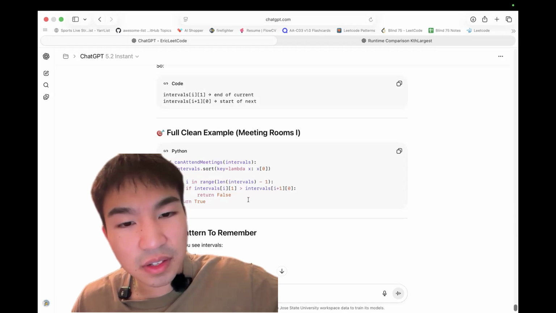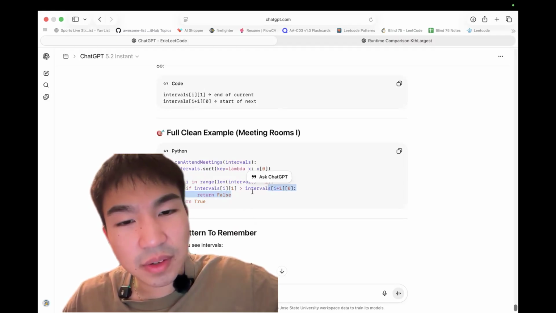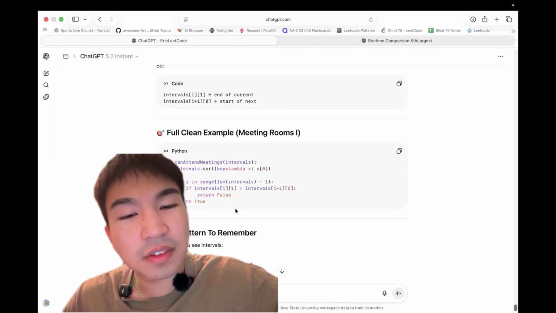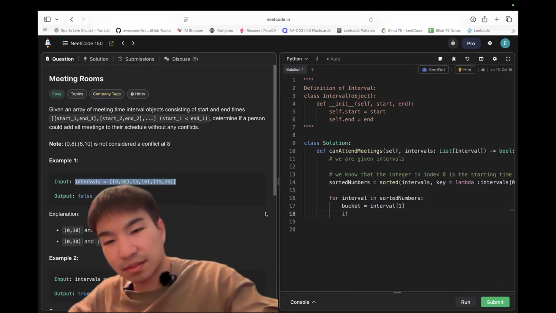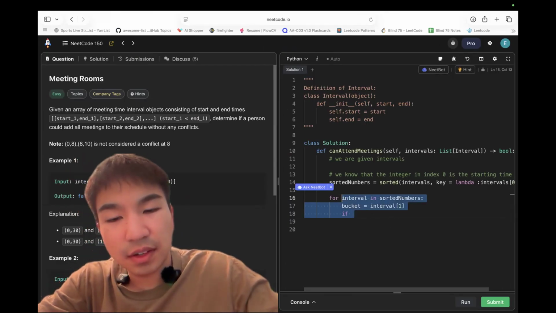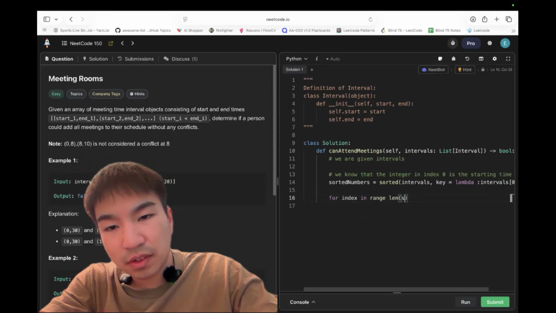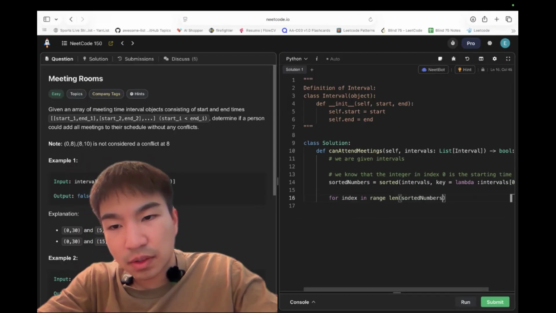Oh, we could just do that. And because we subtracted 1 right here, that's why we know it's safe. For index in range length of numbers, I think minus 1.